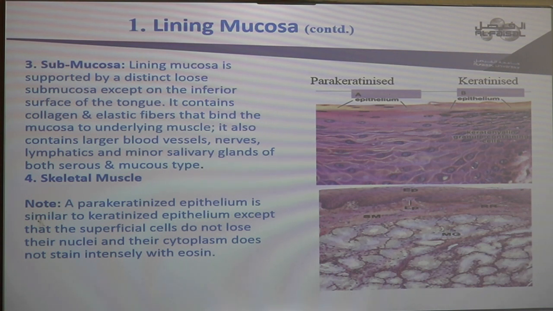This is where there is transition. This layer of keratin which still shows some nuclei under the microscope is called parakeratinized epithelium. Is it clear? Remember, parakeratinized is considered keratinized. There is an element of friction.